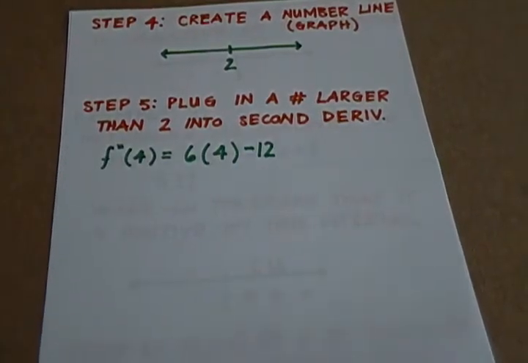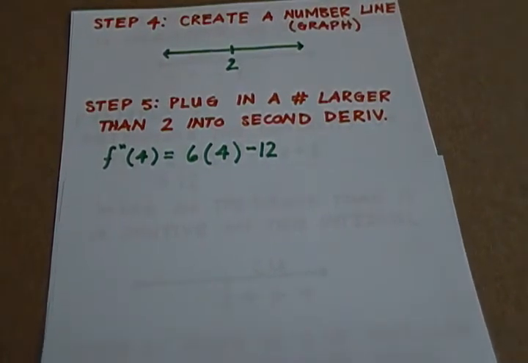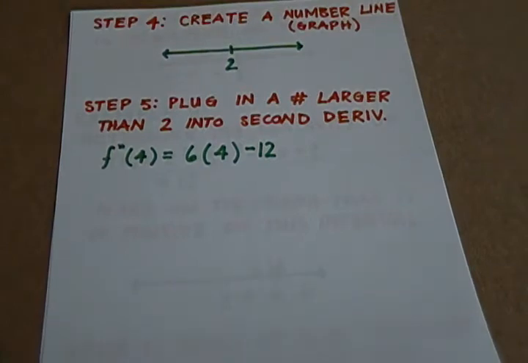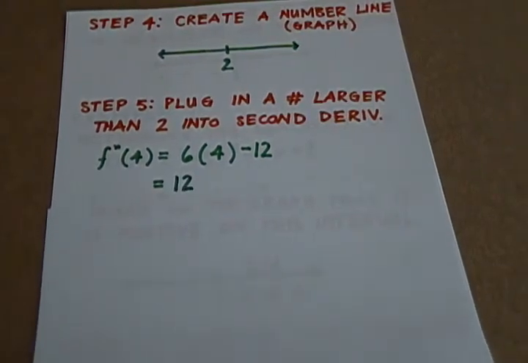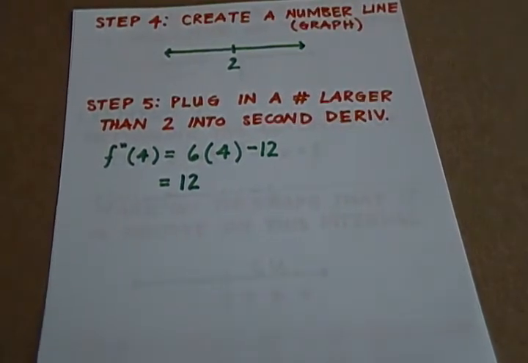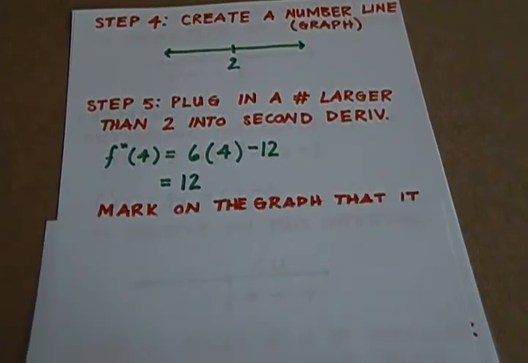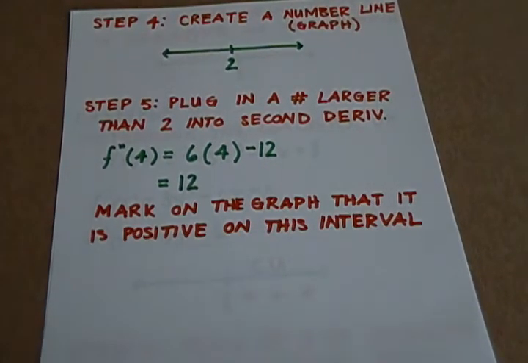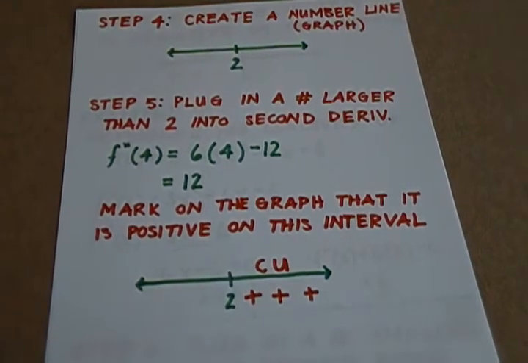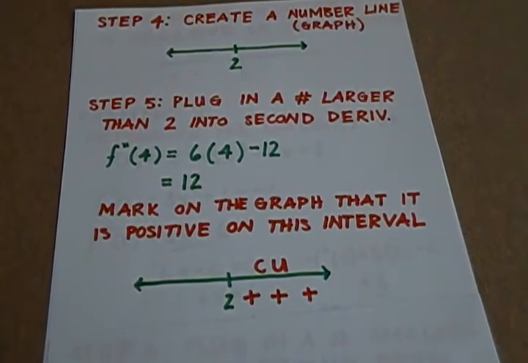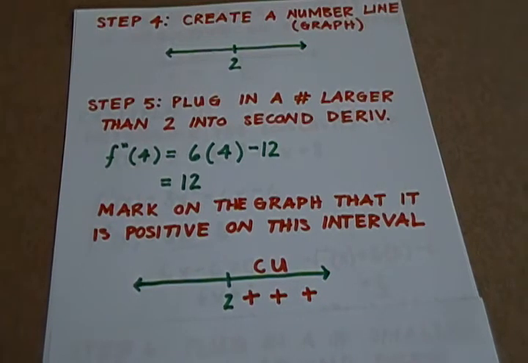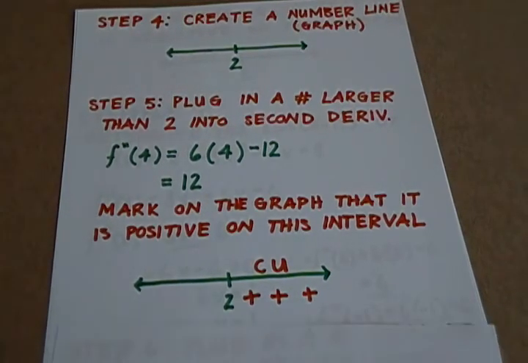So here I plugged in 4 into the second derivative, so 6 times 4 minus 12 gives me a positive number. And next you mark on the graph that it is positive on this interval, like here. And since it's positive, we know that it's concave up.